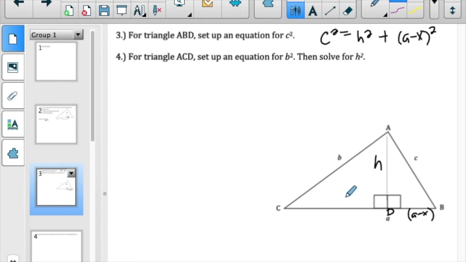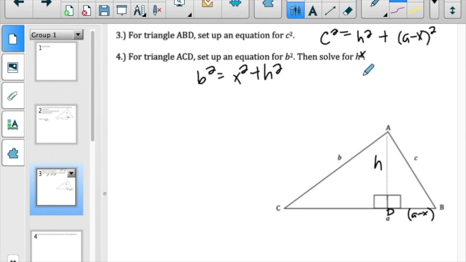Now let's go to the opposite triangle over here. For triangle ACD, set up an equation for B squared. Well, B squared equals, again, X squared plus H squared. But then it says solve for H squared. So we want to get H. Actually, guys and gals, cross off the squared part.